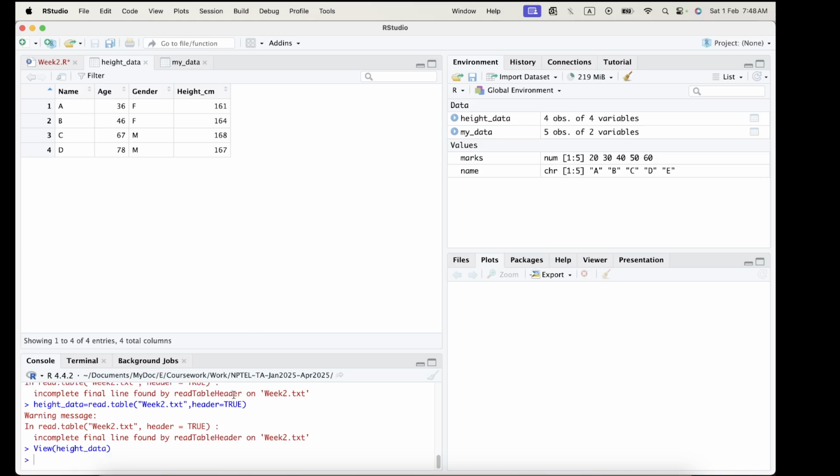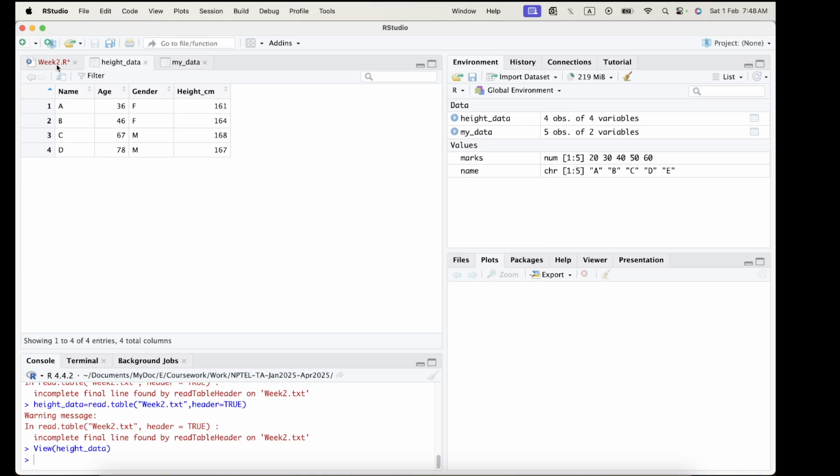So it is throwing some warnings, but it got loaded. Okay, so here is the data frame: name, age, gender, and the height in centimeter. As you can see, I have 4 columns, and the columns have different data types.